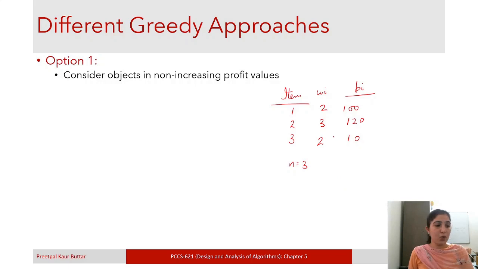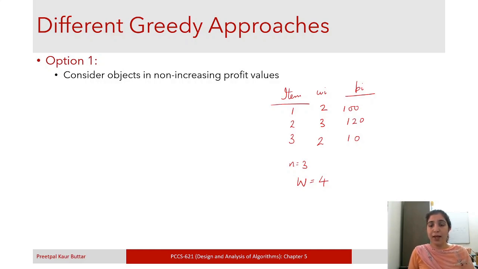What is the capacity of the knapsack? The capacity of the knapsack is 4. We reach the optimal solution when the total weight of the items we pick is equal to 4. And it is saying that we consider the objects in non-increasing profit values.